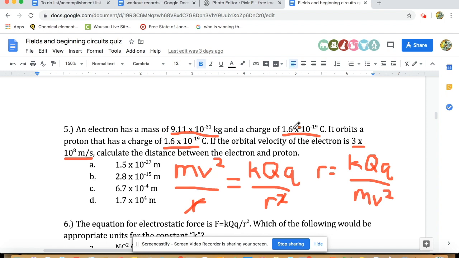Q is 1.6 times 10 to the minus 19th. Other q is 1.6 times 10 to the minus 19th. M is 9.11 times 10 to the minus 31st. V is 3 times 10 to the 8th, but it's squared. Make sure you put parentheses around this and parentheses around this. And when you put those numbers in, you will indeed get this number right here.